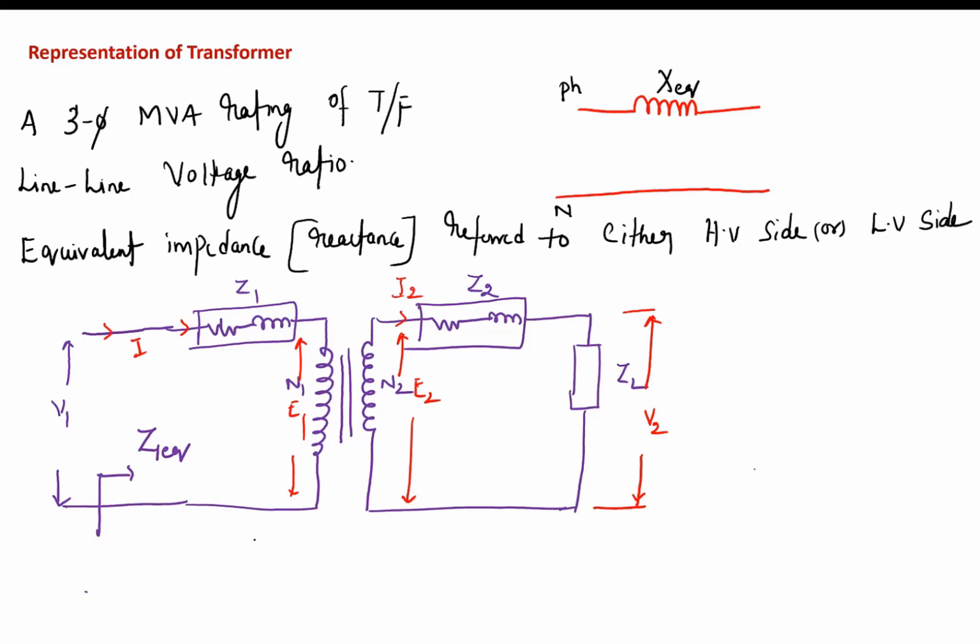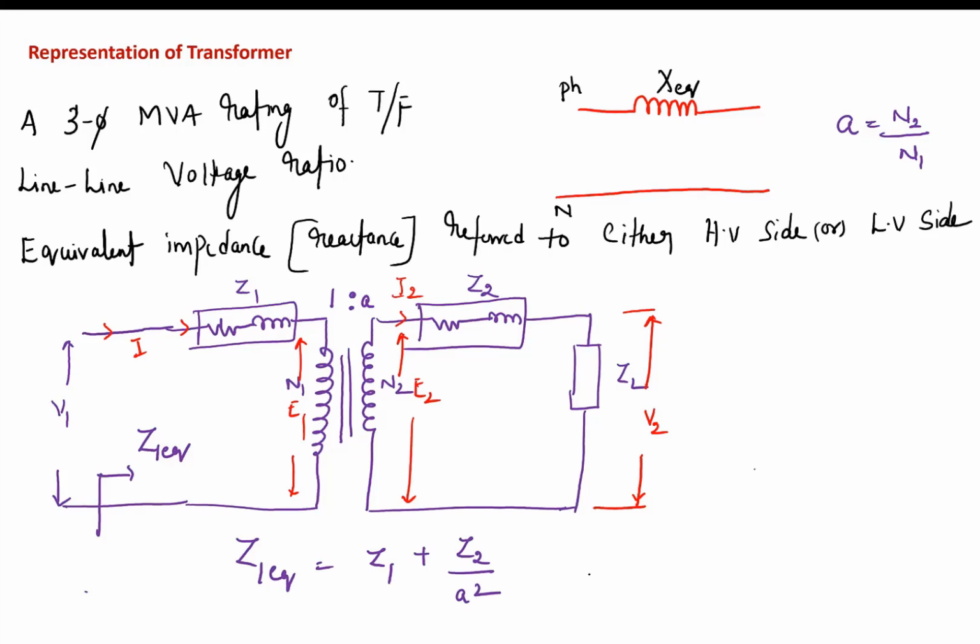If the turns ratio is 1:a, where a is given by N2 divided by N1, then Z1 equivalent will become primary leakage impedance Z1 plus secondary leakage impedance Z2 divided by a squared.